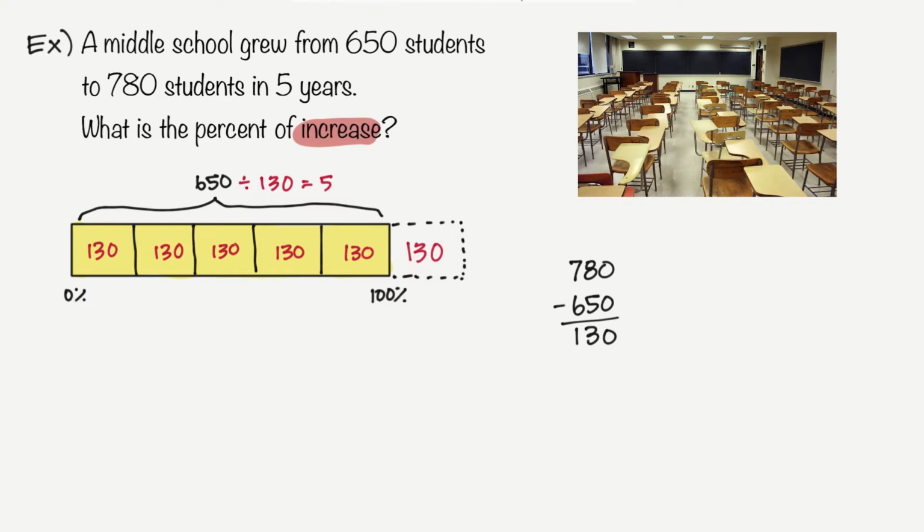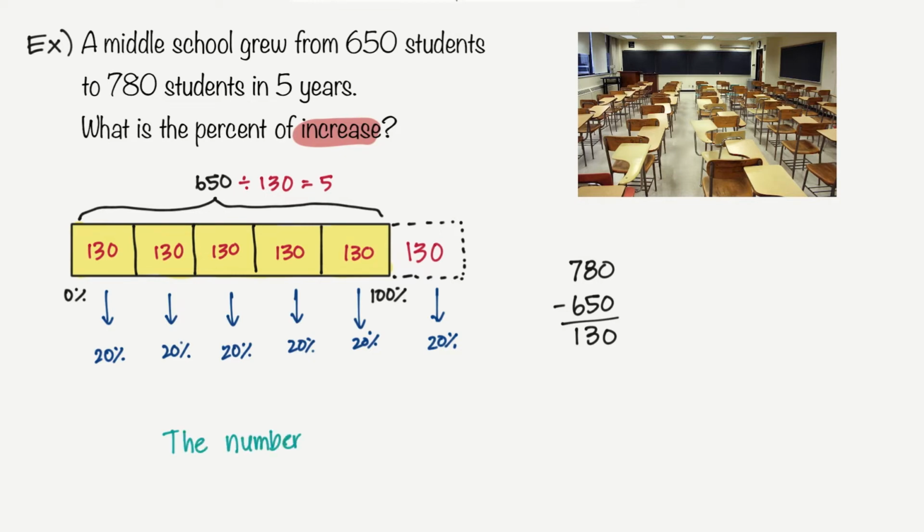So since I have 5 sections, each of those represents 20%. So 20, 40, 60, 80, 100. And then that's telling me that this additional 130 students is also another 20% of my total. So to conclude this example, I could say that the number of students is going to be increased by 20%.